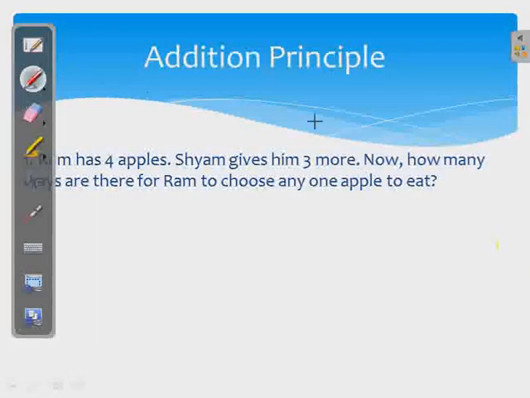Rather than explaining the principle, I have here a question that gives you an understanding of what addition principle is. So here's the question: Ram has 4 apples and Sam gives him 3 more. And now how many ways are there for Ram to choose any one apple to eat?